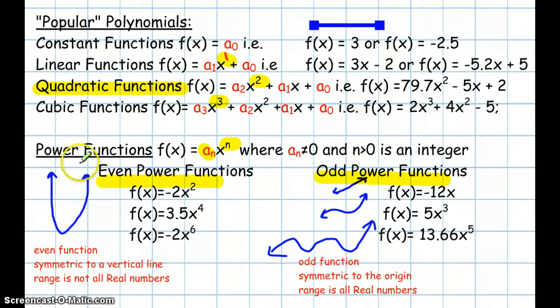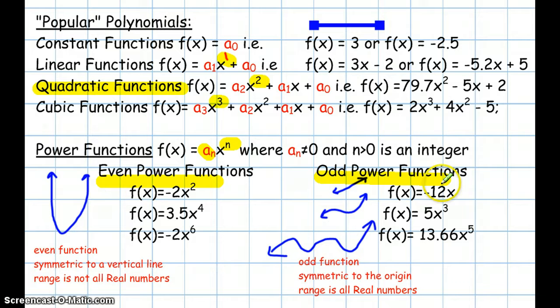They're symmetric about a vertical line, in this case normally the y-axis, and their range is limited. It's not every single number, because the numbers down here aren't part of the range. So the range is a restricted range.